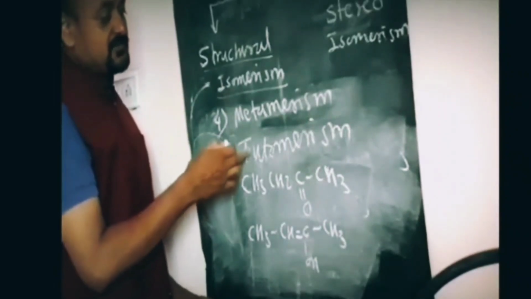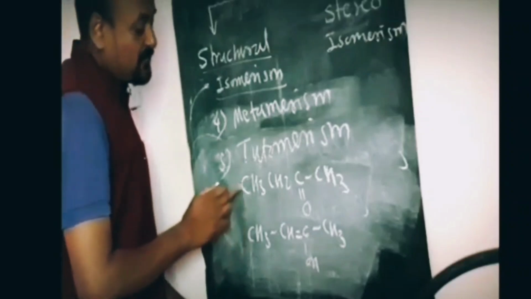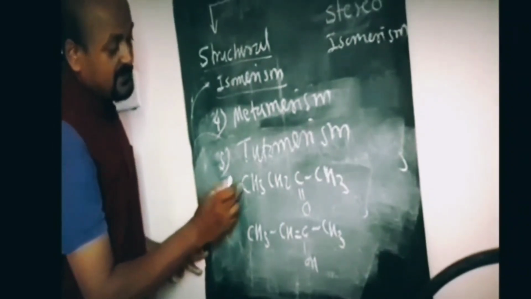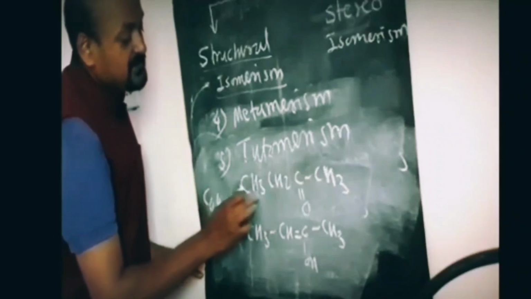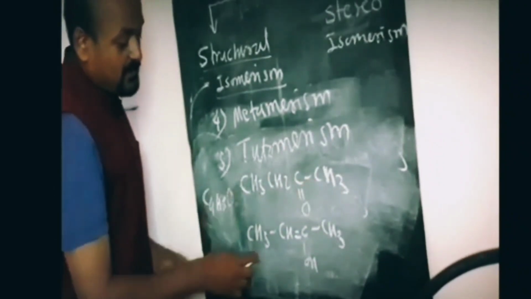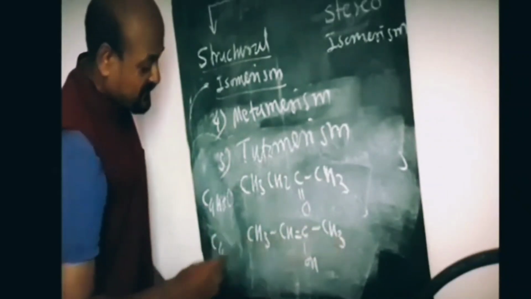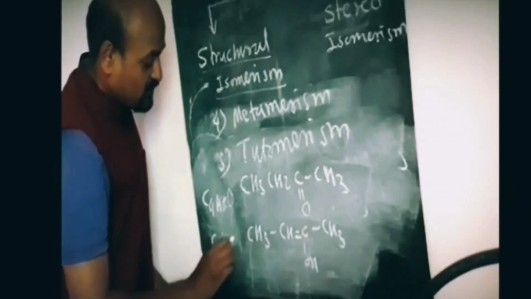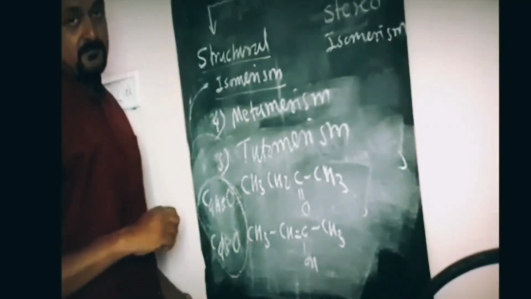Now let us discuss what is tautomerism. So these are the 2 compounds. Here the molecular formula: count C 1, 2, 3, 4, that is C4, H: 3 plus 2 is 5, plus 3 is 8, and O. Here also the molecular formula is C4H8O. That means these 2 compounds have the same molecular formula.